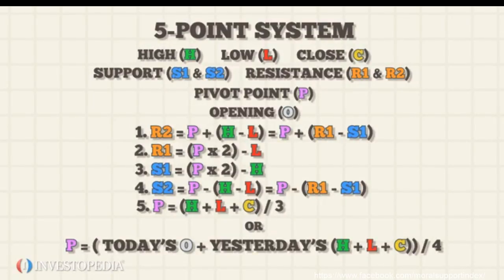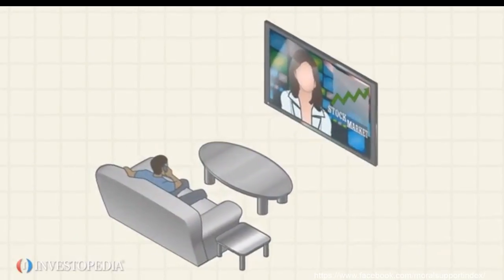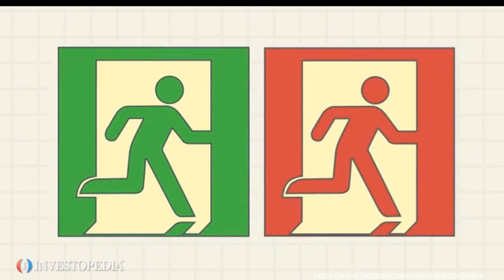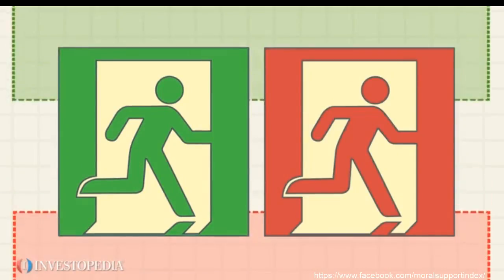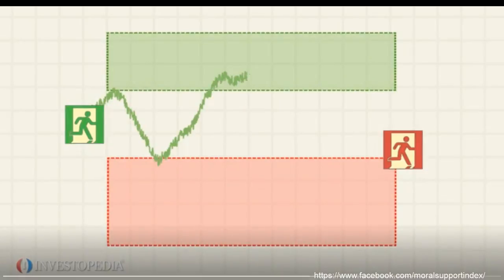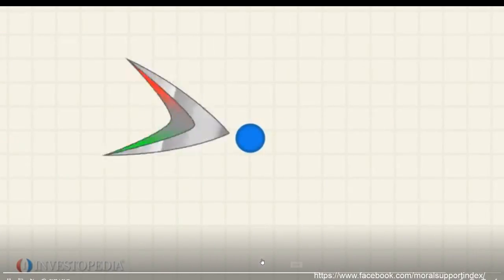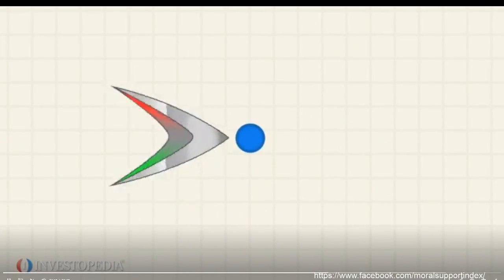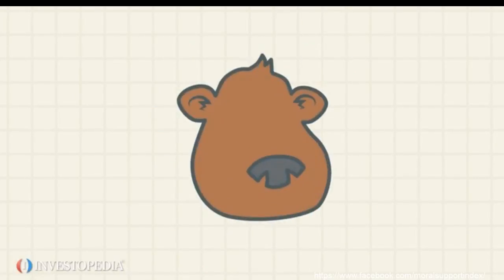Day traders use pivot points as leading indicators to help them assess overall market trends and choose entry and exit points for their positions. These points are especially useful in identifying stop-loss levels and profit targets. Pivot points also help traders identify whether the market is bullish or bearish.